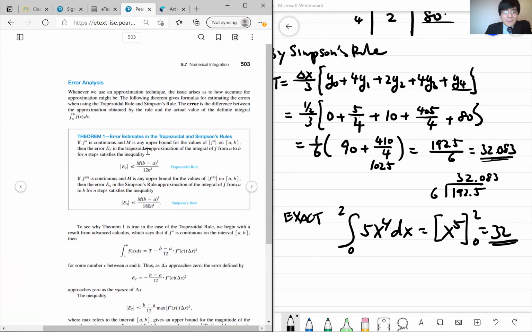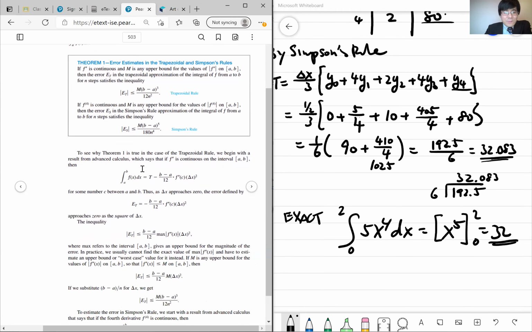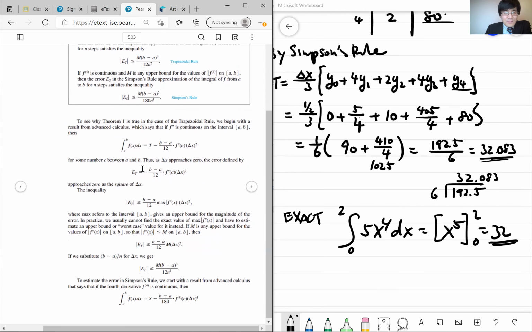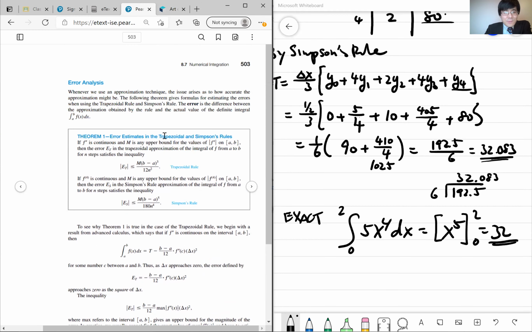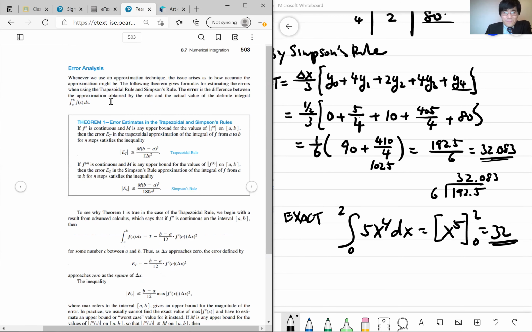Okay, next one, I'm not going to do derivations here, but just say something about the upper limit for the errors. So whenever we use an approximation technique, the issue arises as to how accurate the approximation might be. So when we do approximations, we want to know how accurate it is or how bad the error could be. So the following theorems give the formula for estimating the errors when using these rules.